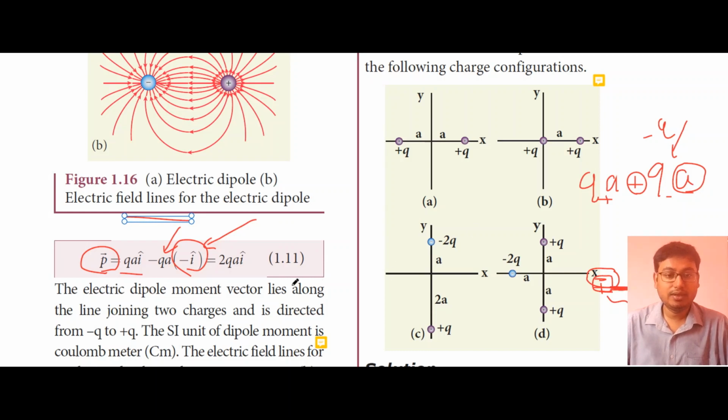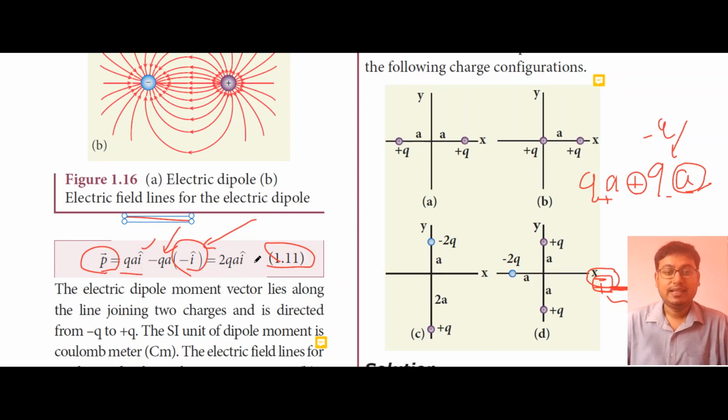So here equation 1.11 became qa i cap minus q into a into minus a minus i cap, so in total it becomes 2q into a i cap.